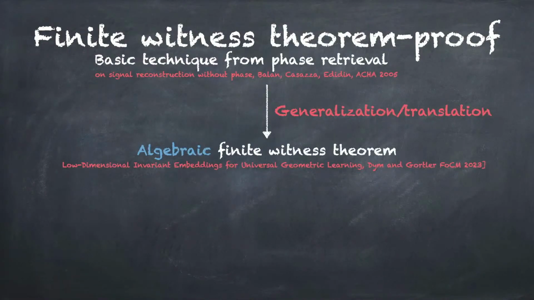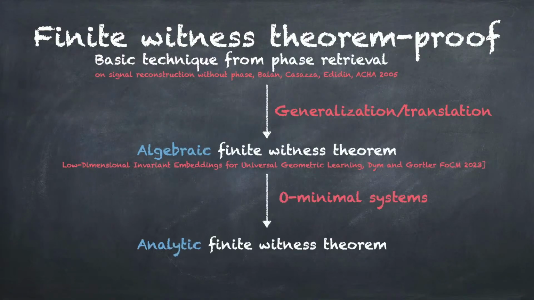And we did this in 2 hops. The first hop was we took this result from phase retrieval and generalized it to a general real algebraic statement, and showed how you can use this to get all kinds of results related to geometric learning. The second step was using what are called O-minimal systems to move from algebraic to analytic.